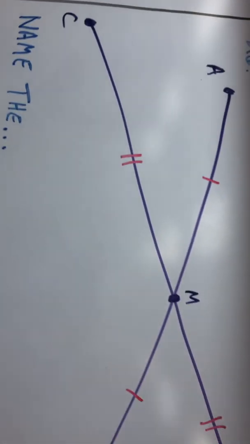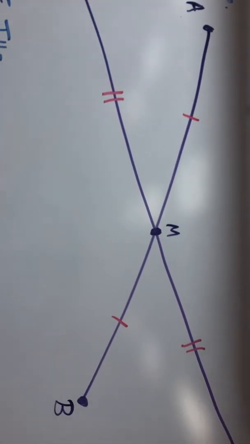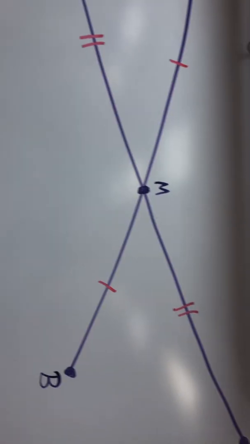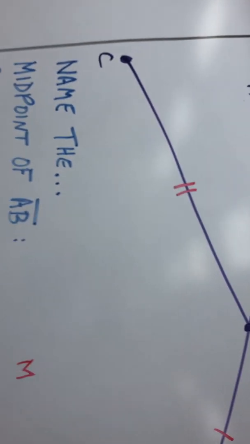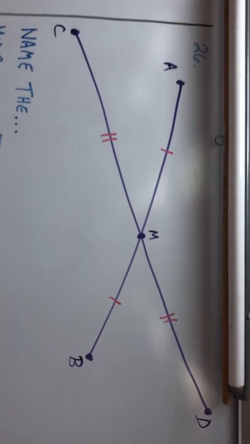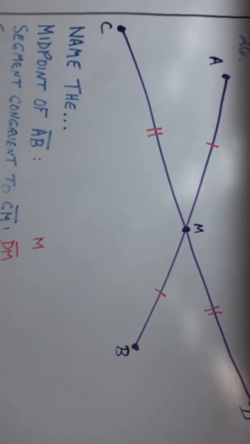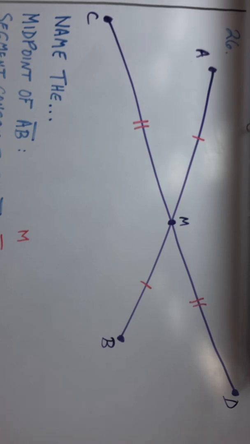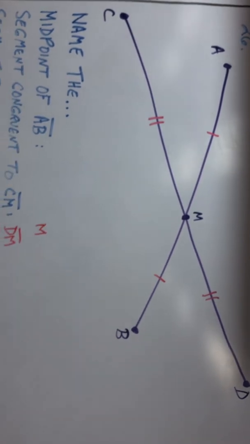So when you have two lengths that are congruent like that, that makes M the halfway point, or the midpoint. So what's the midpoint of AB? The midpoint of AB is going to be M. What's congruent to CM? Segment CM is congruent to segment DM.